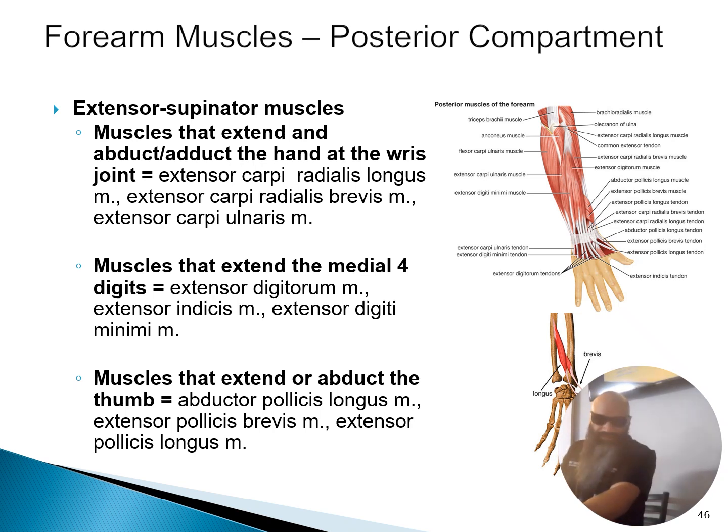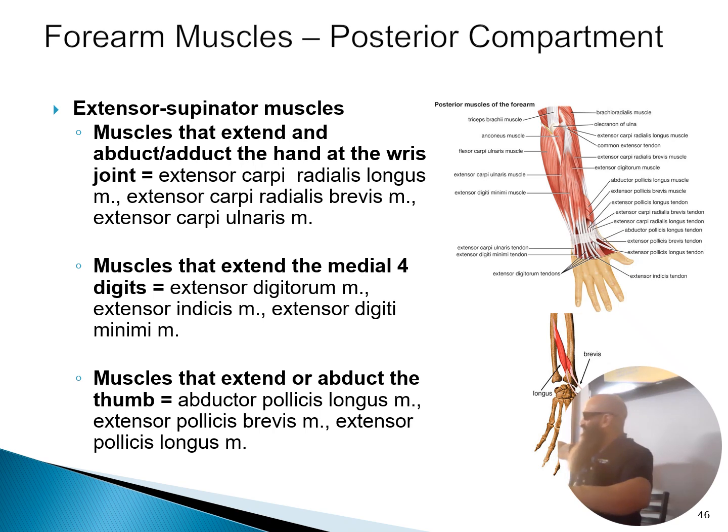Extension of the medial 4 digits. So extensor digitorum is basically going to extend all 4 of them. Extension, basically, this is extension, going from flexion. So the opposite of bye-bye is reverse.